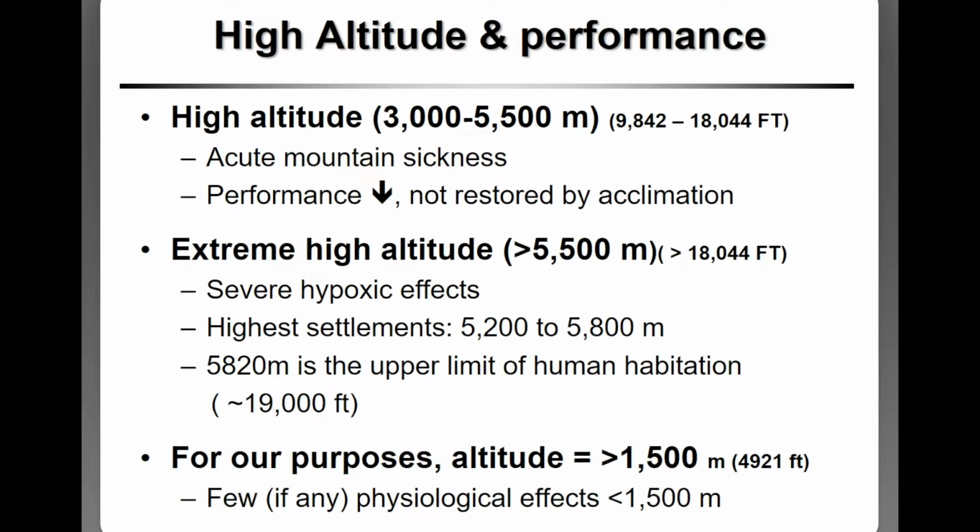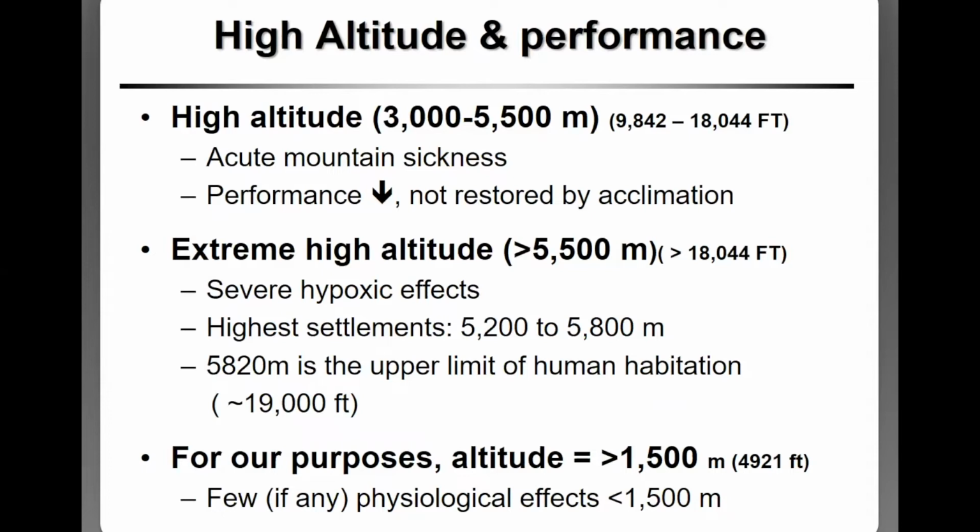The highest human settlements are at 5,200 to 5,800 meters, and that's actually the upper limit of human habitation. So we'll see in a different section how these highlanders survive.